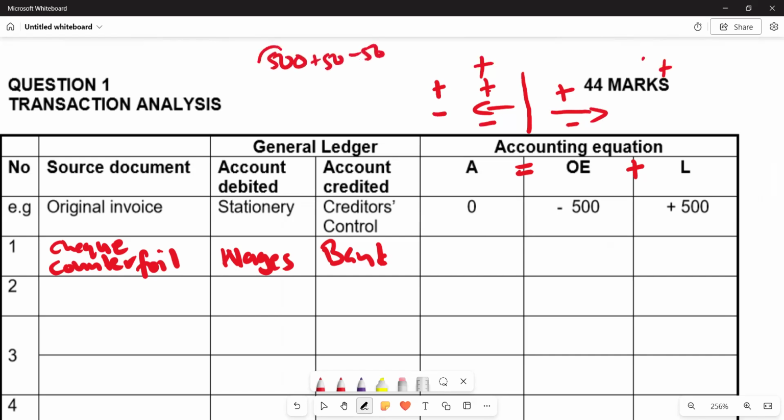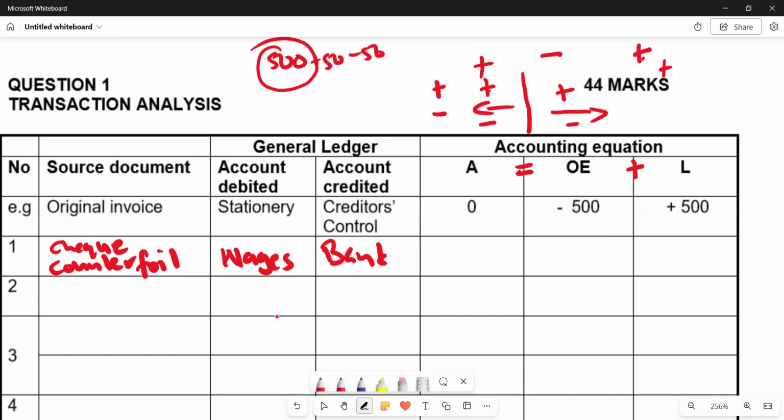It will go back to 500. It will remain the same as the other side. If the transaction is affecting owner's equity and liabilities, on owner's equity we might have a negative, and in liabilities a positive again, because it should come back to the same position so that it becomes equal to the other side.